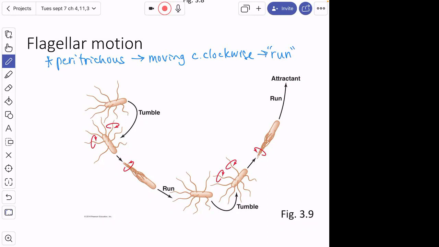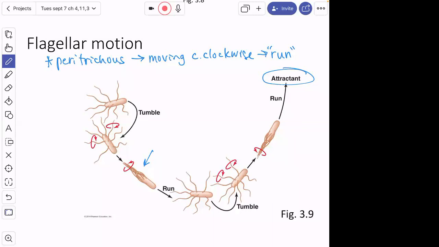Okay, so in other words, when the flagella are moving counterclockwise, all of the flagella will coordinate in a clump, and then the organism will move in a very directed, straight way. But if it's moving towards some attractant, it may realize, oh, I'm not going in the right direction, and so the flagella will start to spin the other direction.